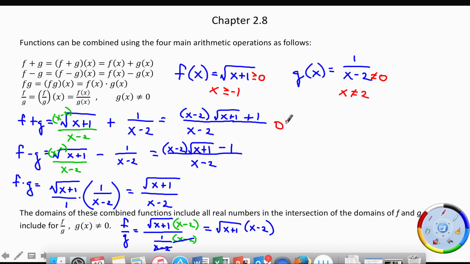So my domain for all of these would be -1 to 2 or 2 to infinity. It's -1 to infinity, but not including 2.